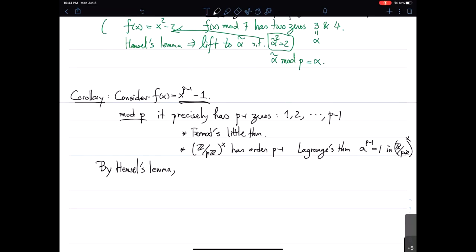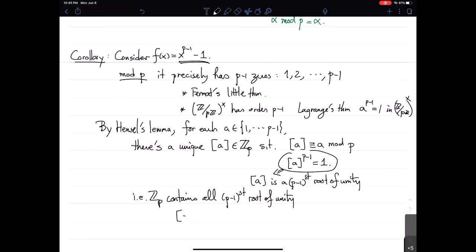In other words, this tells you that bracket a is a p minus first root of unity, i.e. Z_p contains all p minus first roots of unity. And they do form a group in some sense. So you see that [ab] is equal to [a] times [b].